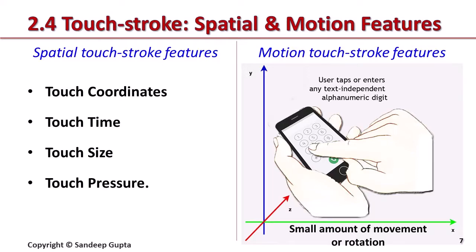Each touch event usually inflicts a small amount of movement or rotation to the device. These motion features can be captured and used to identify a user. However, these motion features can be associated better with other user behaviors, like hold and pickup motion, explained in the next slides.